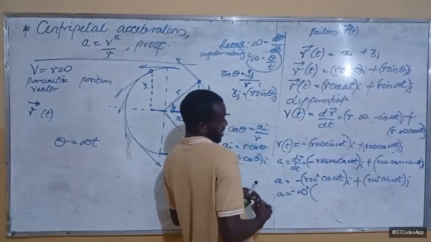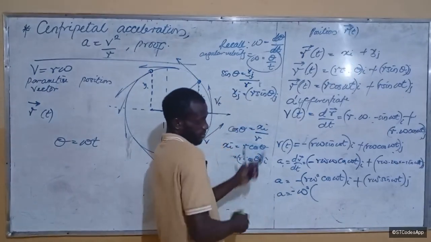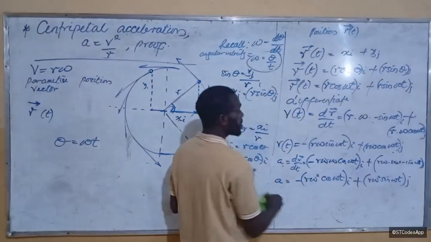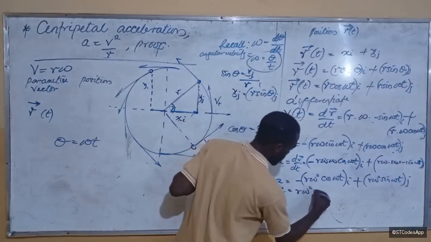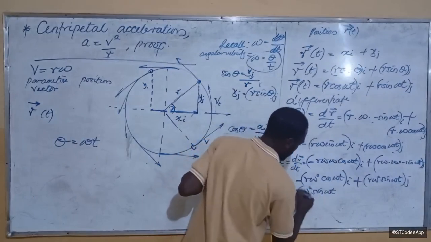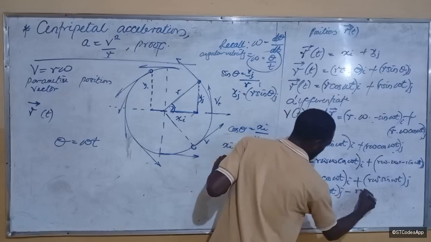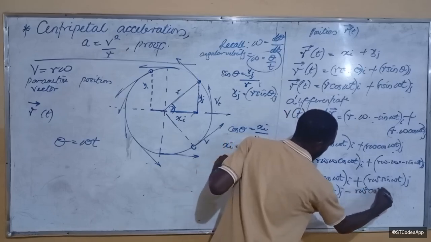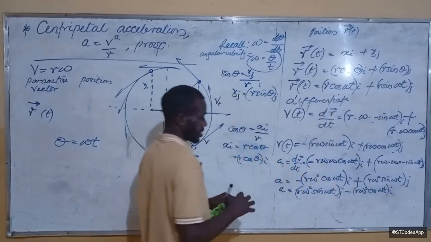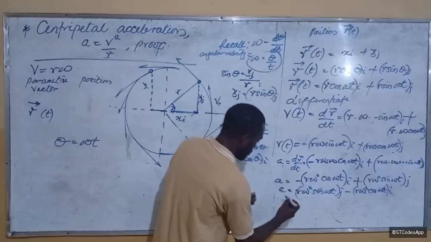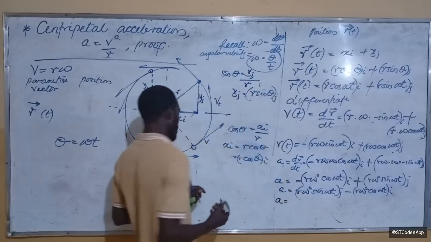Now we can even rearrange, it doesn't change anything now. Watch, let me rearrange so that I have positive first. So A becomes r omega squared sine omega t j minus r omega squared cos omega t I. So if this be the case, then omega squared is common.